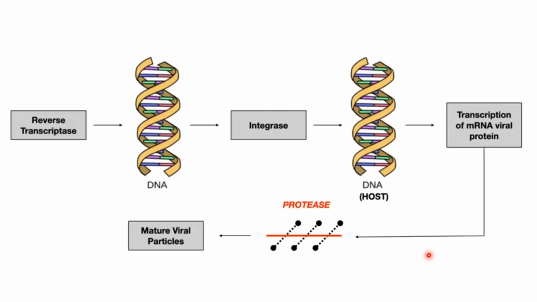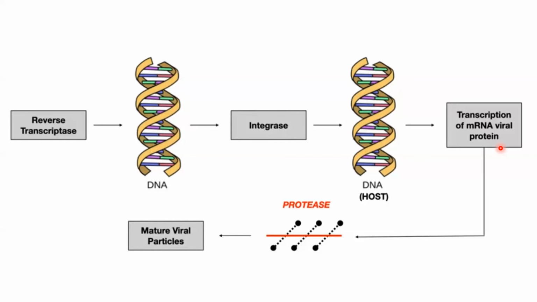Okay, very easy. Let's say again, we were not able to stop the integration phase. We can target the final step of the process, which is the protease. After the integrase integrates the viral DNA into the host DNA, it's going to start transcribing mRNA proteins, because what's the thing that does the damage to the body or that makes us sick?